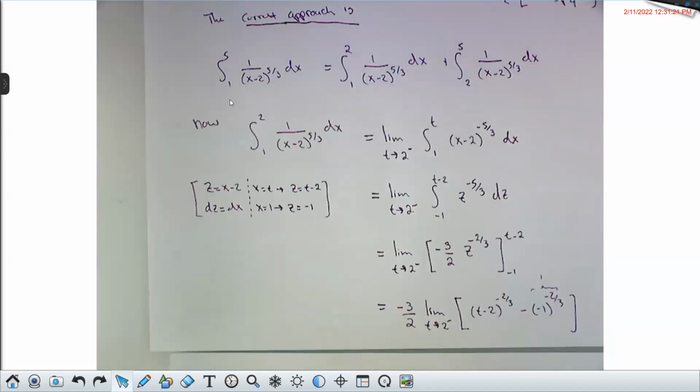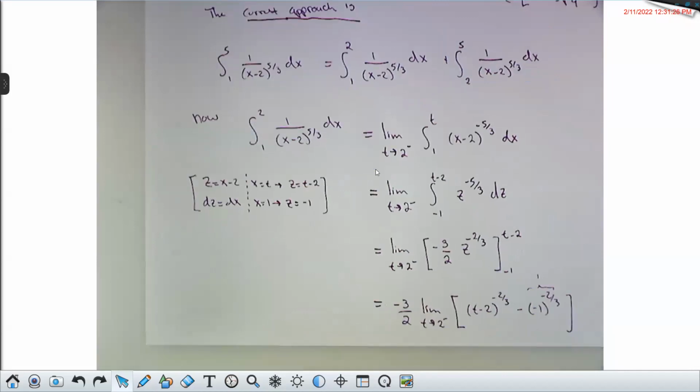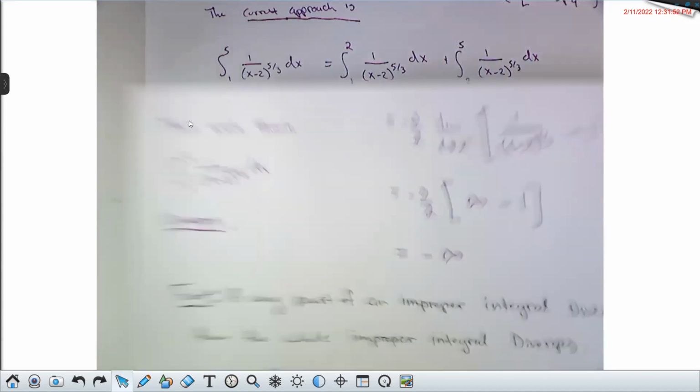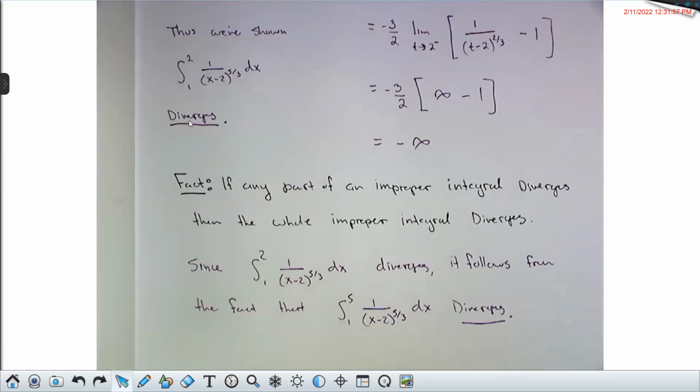I was able to show, just working with the integral from 1 to 2, that piece diverges. And then we have this fact that says if any part of an improper integral diverges, then the whole improper integral diverges. So just from this piece being divergent, I can conclude that the whole thing, the integral from 1 to 5, is divergent. So we're done. I never even had to touch the integral from 2 to 5.